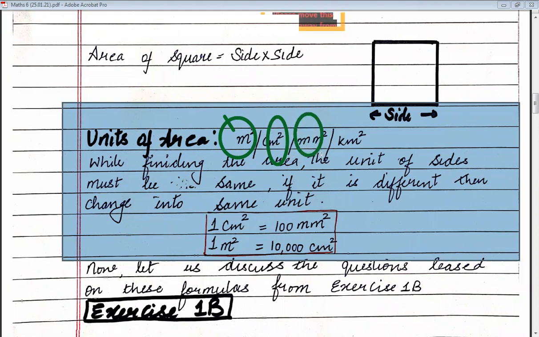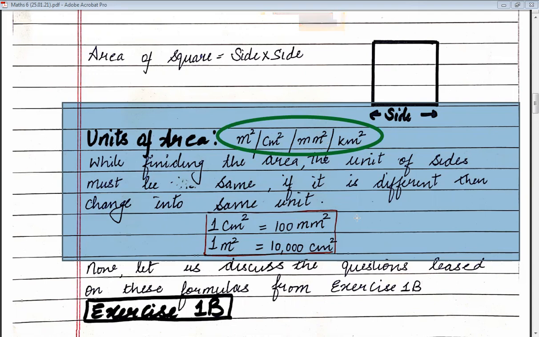And if it is in millimeter, then the area will be in millimeter square. And the last one is kilometer square. So these are the units of area. I'll repeat. It's meter square, centimeter square, millimeter square, kilometer square.